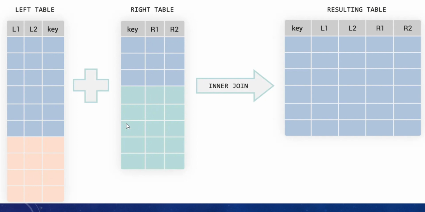There is no matching column for these two types of data. So if we execute inner join on such tables, then in the final output you will see that only this blue color data is present, and the orange and green color data will be discarded. This is a very important aspect of inner join, or just join.